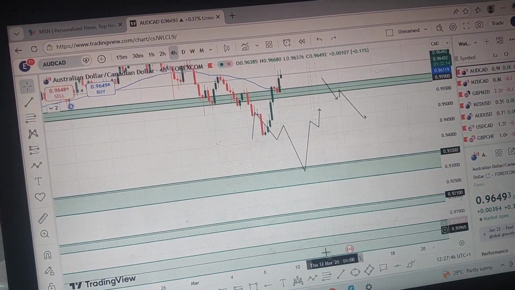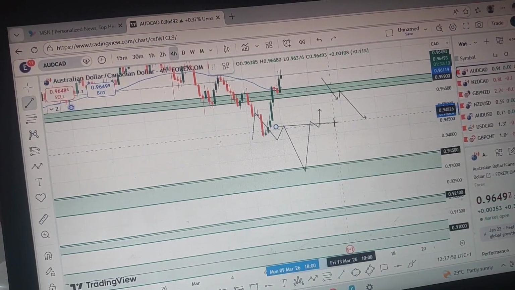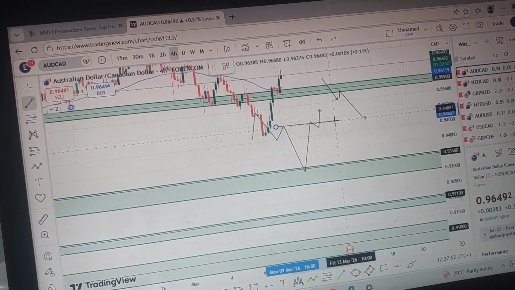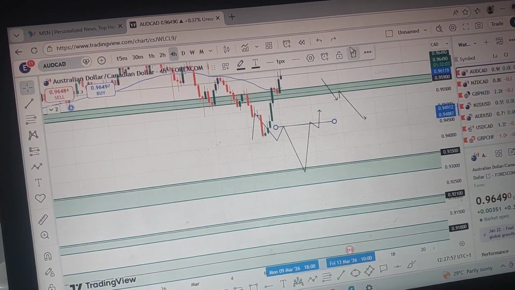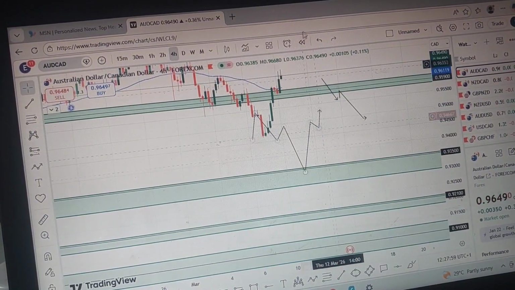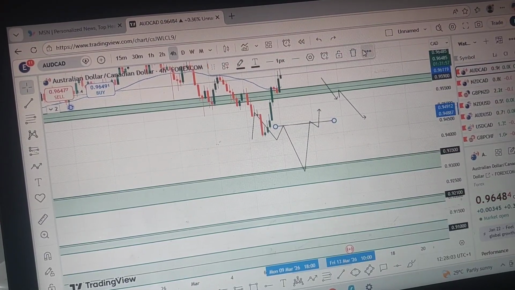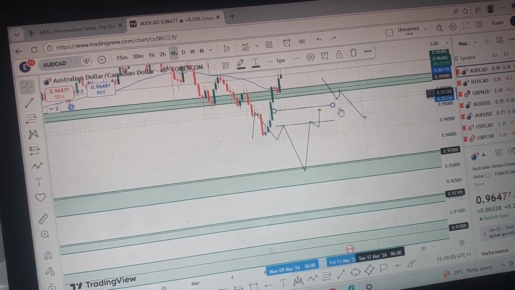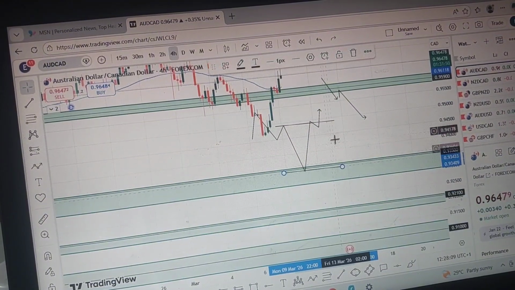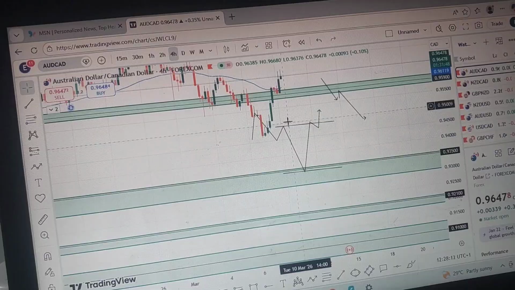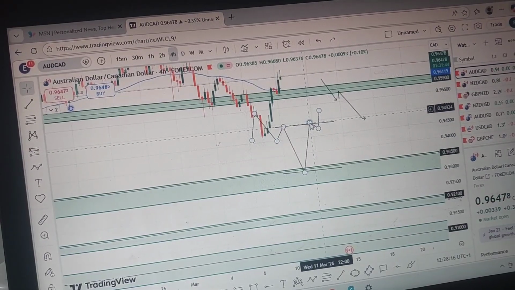This was the lower high, and this was the lower low. This was the lower high. The market was supposed to take it for me to continue the bearish momentum.